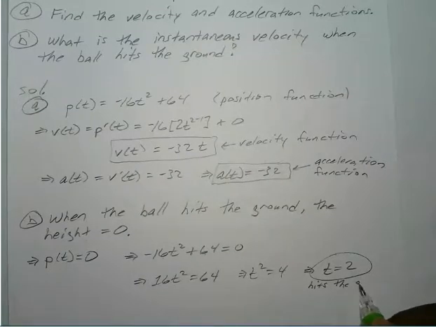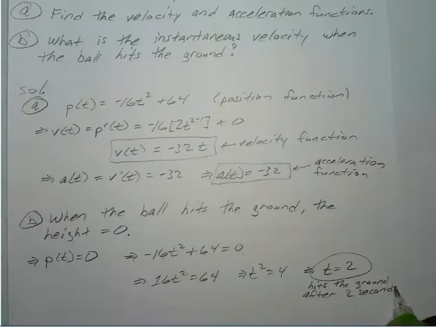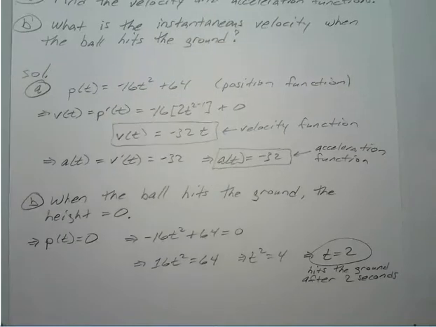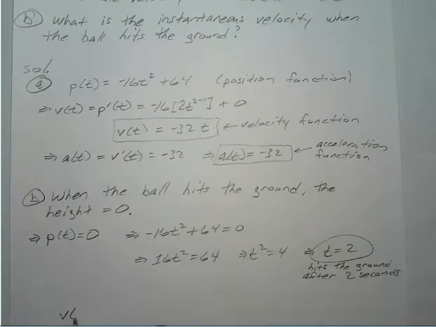Hits the ground after 2 seconds. Okay, now that tells us how long it takes to hit the ground. It doesn't tell us the instantaneous velocity when it hits the ground. So to find the velocity when it hits the ground, v of t equals negative 32t.